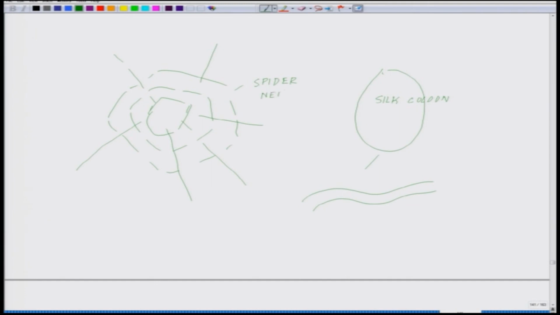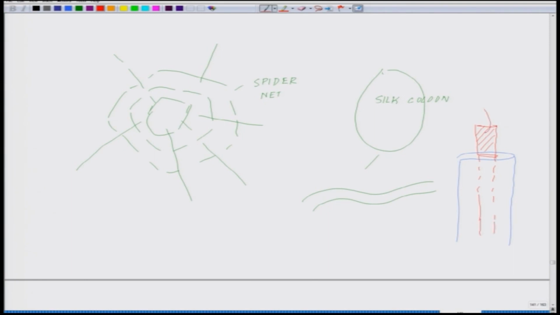The only basic difference between these two silks is, if you see this thread is something like this. If you see a cross section of this thread, it will look like this, as if a tube inside another tube.